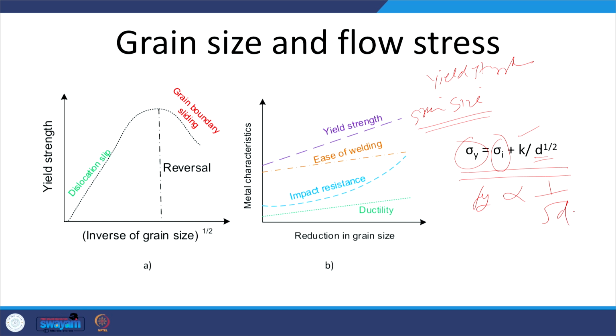If the grain size is reduced, yield strength is increased, and increasing the grain size will adversely affect the yield strength. This is particularly true when the grain size is up to a certain limit.